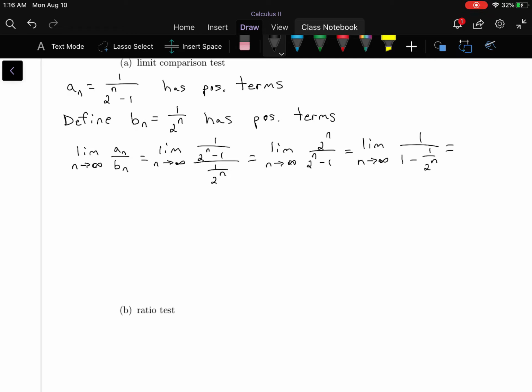And the 1 over 2 to the n, as n gets larger and larger, goes to 0, and we're left with 1 over 1, which is just 1. And so this limit is 1.